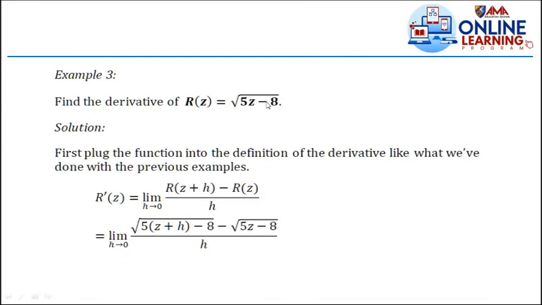Ito na siya. Minus 8 minus r, which is a function of z, that is the square root of 5z minus 8, then divided by h po siya. Okay? So, yun po. After that, okay, we're going to simplify.